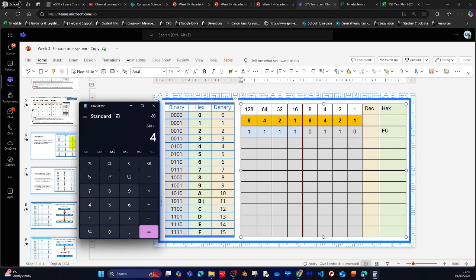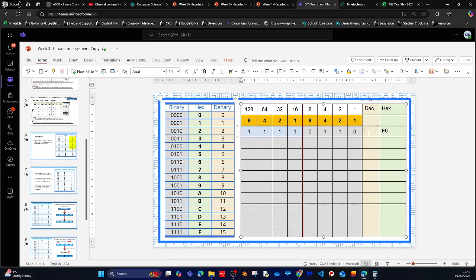Everything with the 1 in it is there to count, to add. Plus 2 equals 246. So in denary, that's 246.